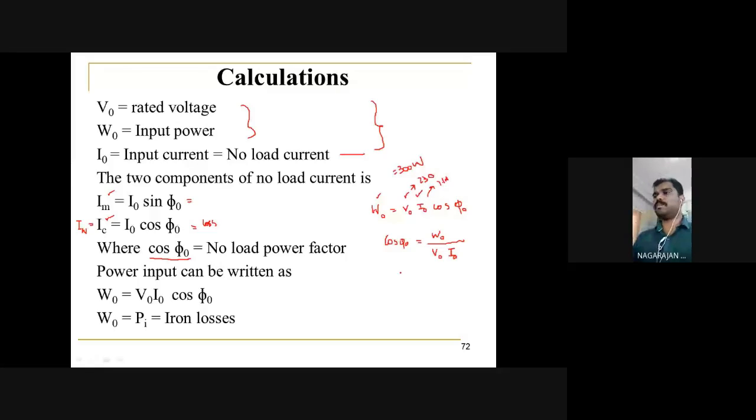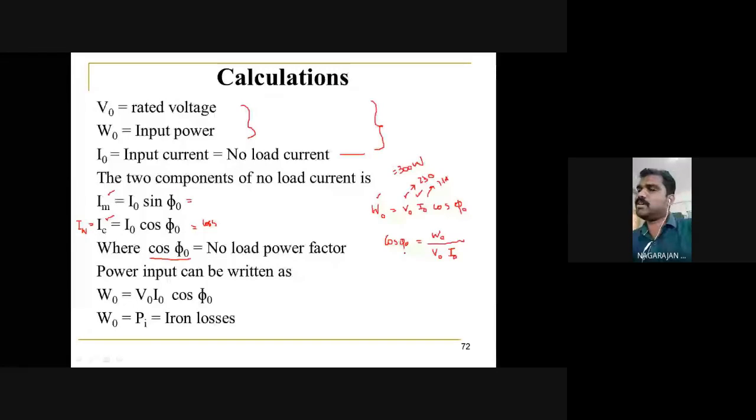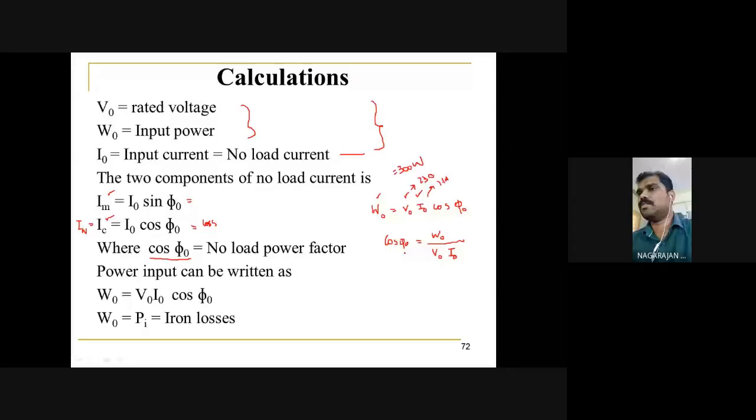So what will be the power factor value? Type of the power factor, will it be leading, lagging, or unity? A transformer under no load condition is assumed as what type of load? So what will be the nature of the power factor? Lagging, leading, or unity?